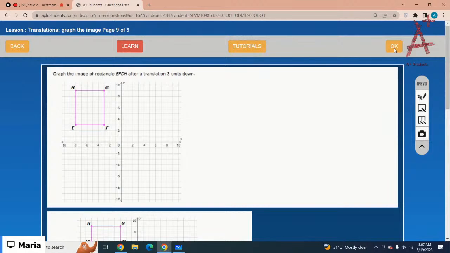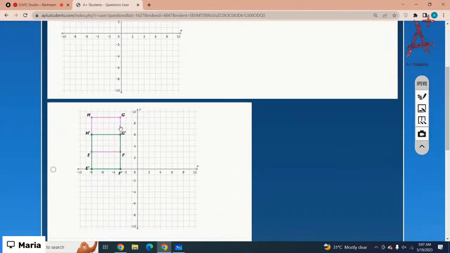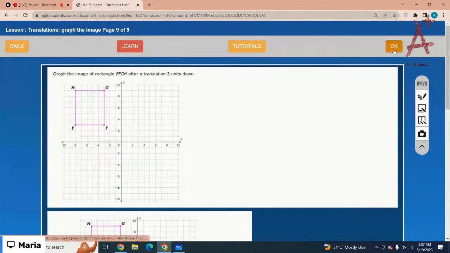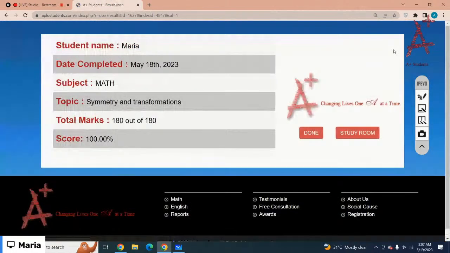You have to move 3 units down. So which is the correct option? 1, 2, 3. That would be the correct option. Option number 1 is the correct option. Okay, we are done with this lesson. Let's move on to the next one.